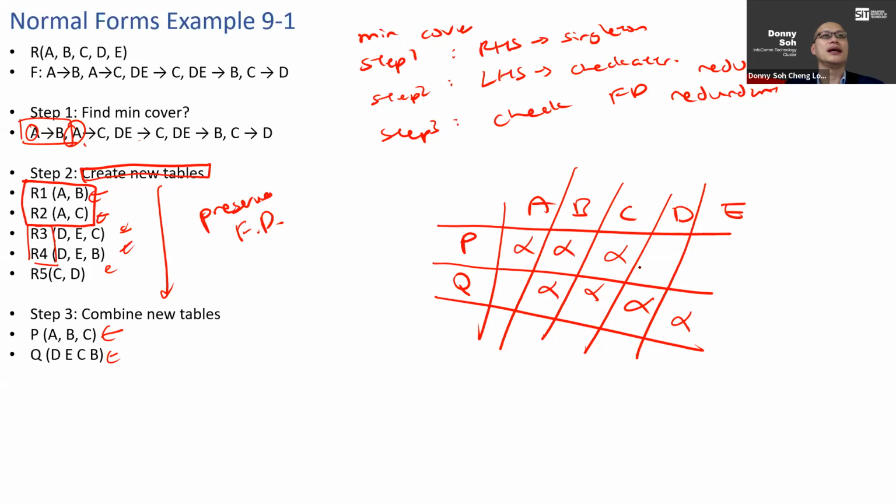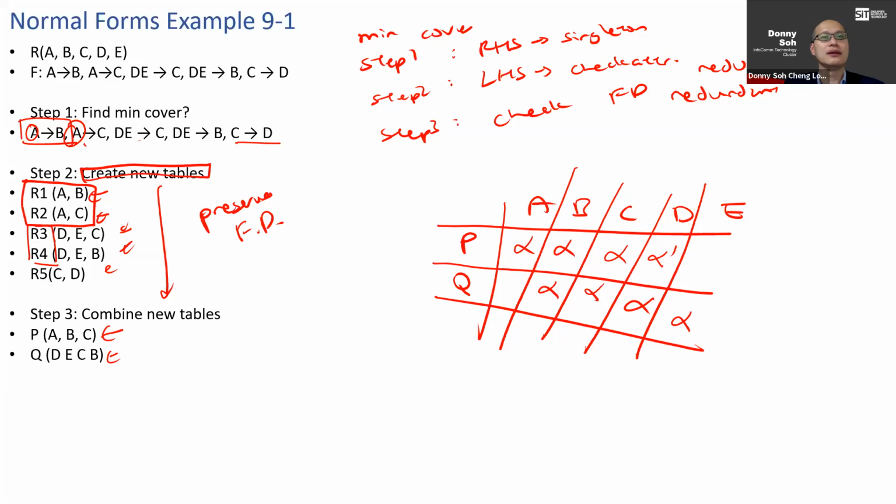C implies D. Seems to be okay here because of this FD. And let's look at, is there anything that can let me imply E? Doesn't seem to be.